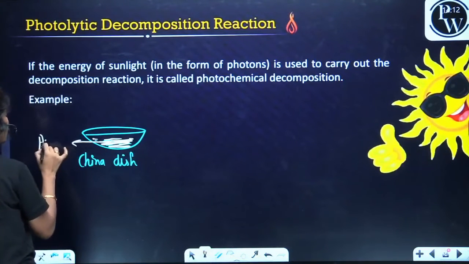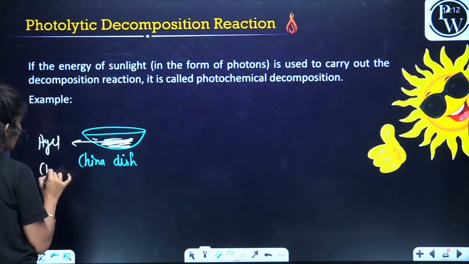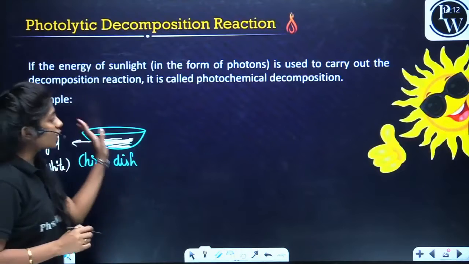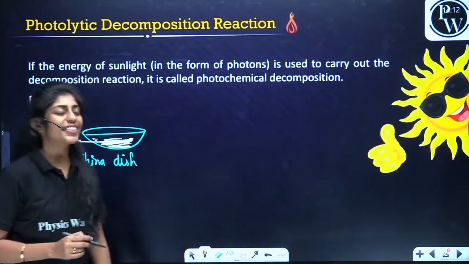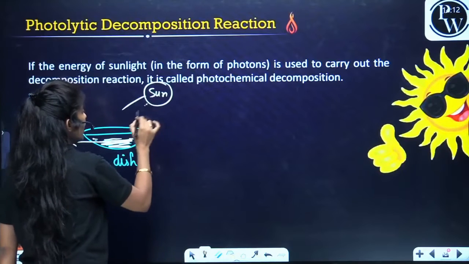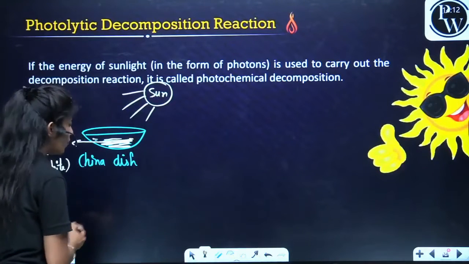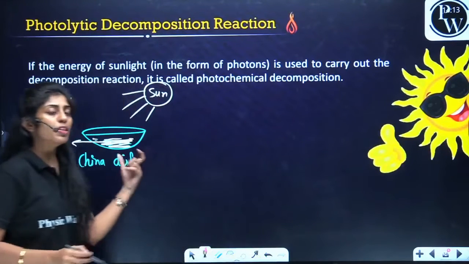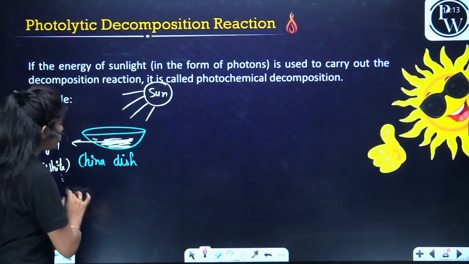AgCl, silver chloride, is a white colored powder. When I expose it to the sun, in presence of sun it will decompose. There will be a change in color, and the color will change from white to gray.